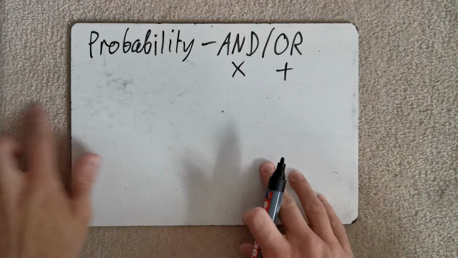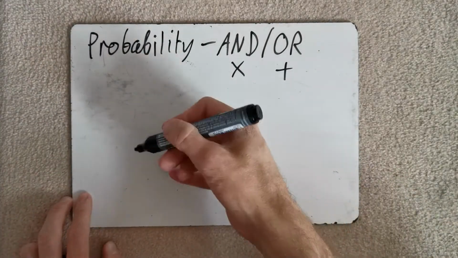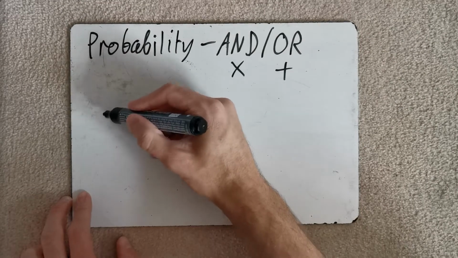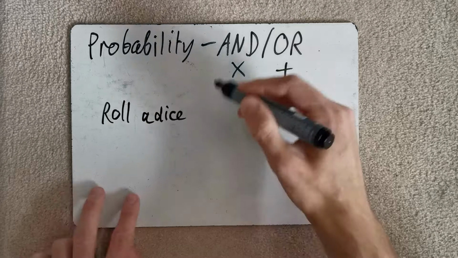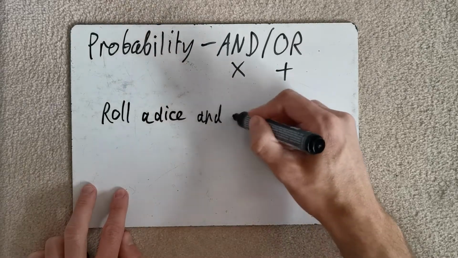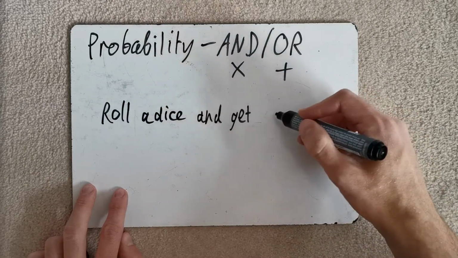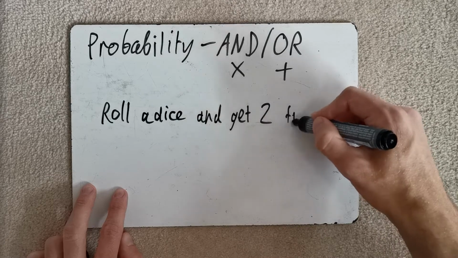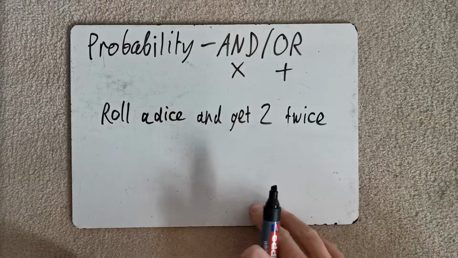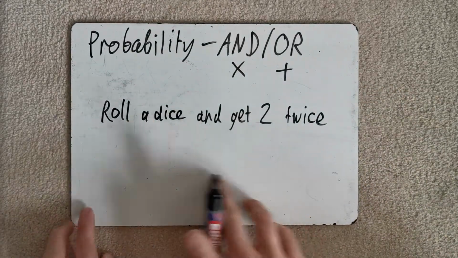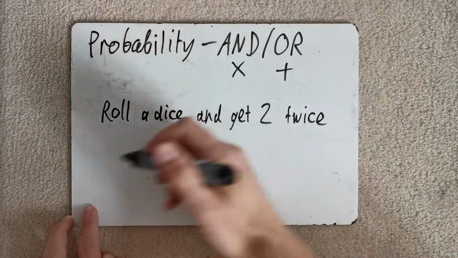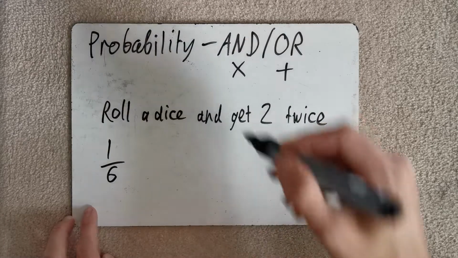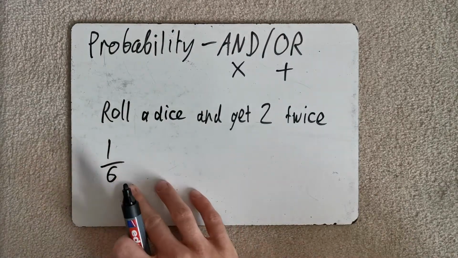Okay. So, for example, if I were to roll a dice and get a 2 twice. Okay, what's the probability, first of all, of rolling a dice and getting a 2 once? Standard 6-faced dice. It'd be a 6th. Okay, so a 6th to roll that 2 once.